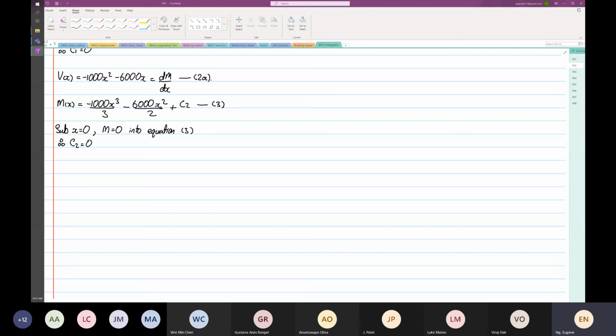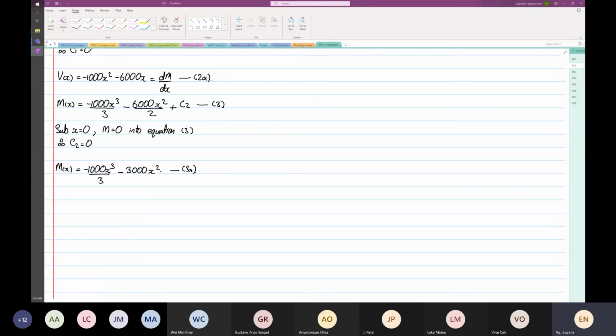Okay, so from here, we know our moment equation is equal to minus 1000 x cubed minus 3000 x squared. Okay, so that is our solution. This is equation 3a.